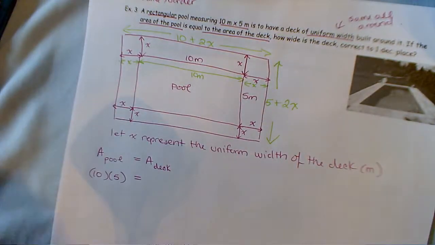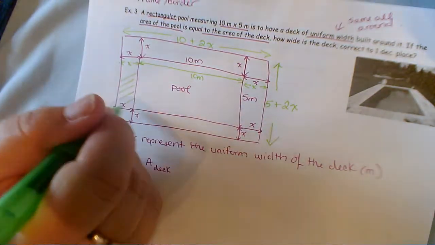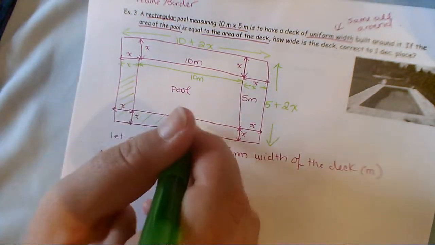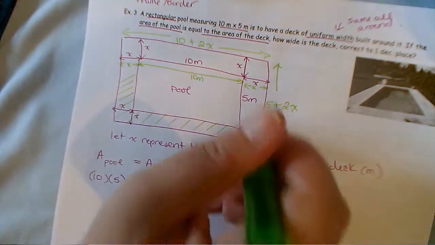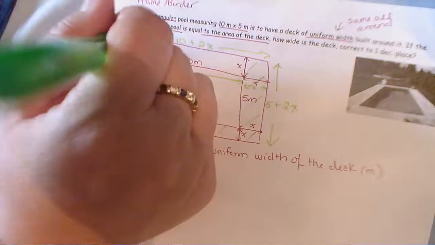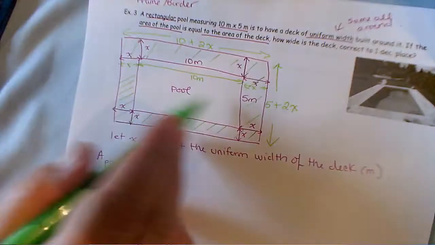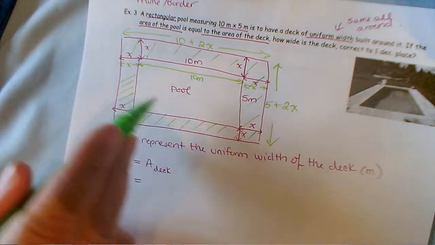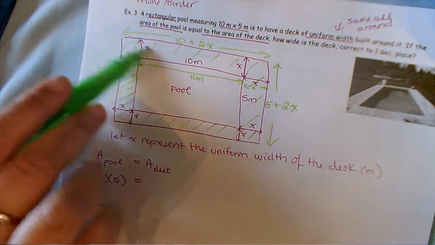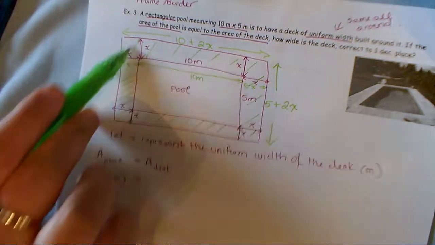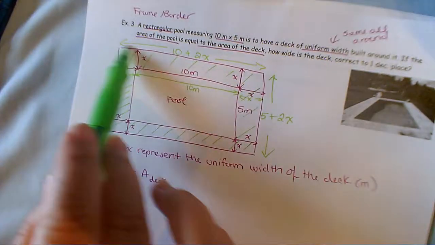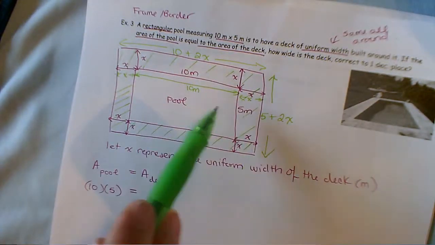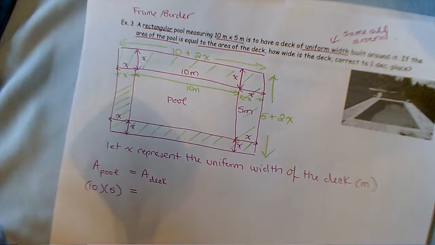So again, deck is this part. So if I only want this border part, because that's the deck, remember this is water, that's not decking, I can't just find the area of the border. I have to do total area minus out the stuff on the inside I don't want.